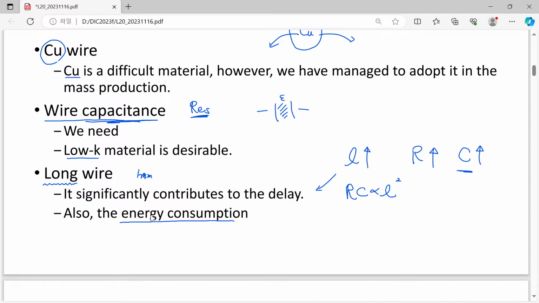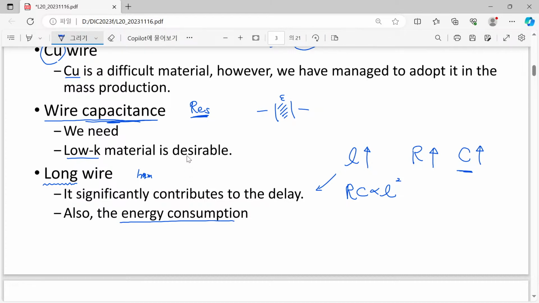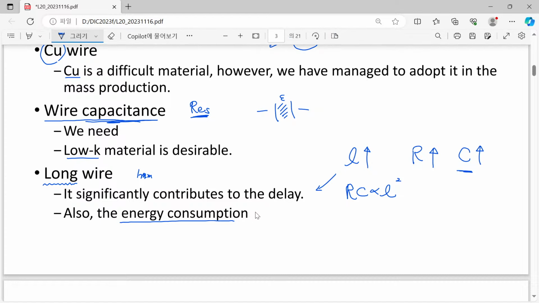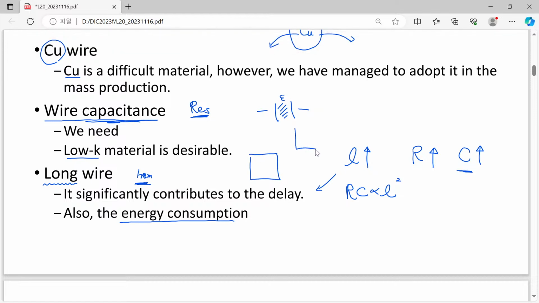Then how can we avoid this long line? I'm not talking about just 1 millimeter long, or 1 micrometer long or several hundred nanometer long lines. If it is quite long, then it is related with the part-to-part wire.